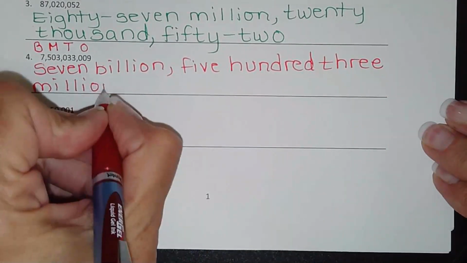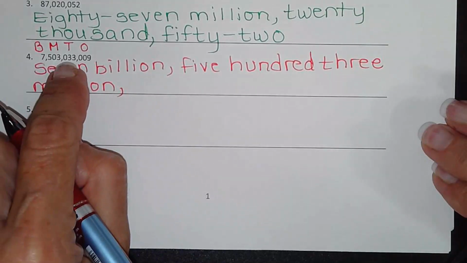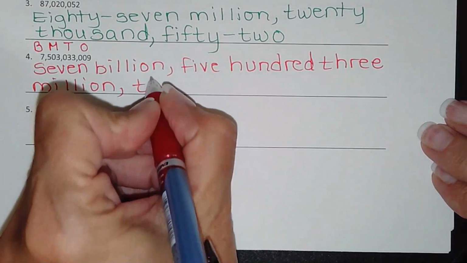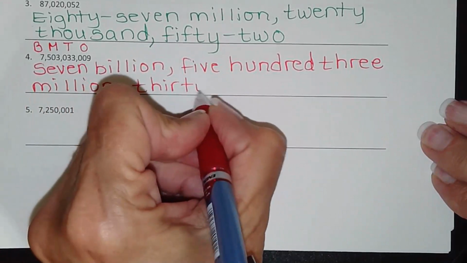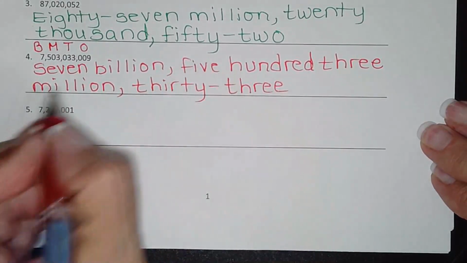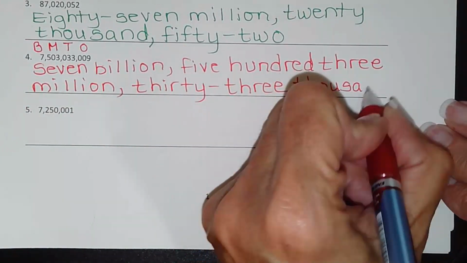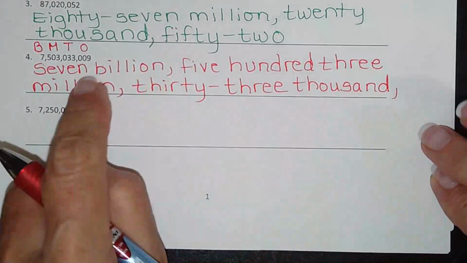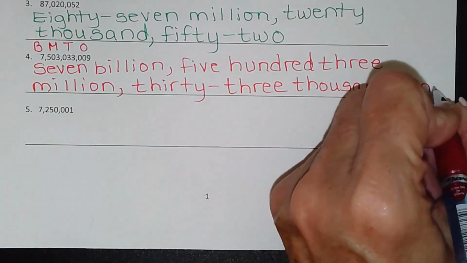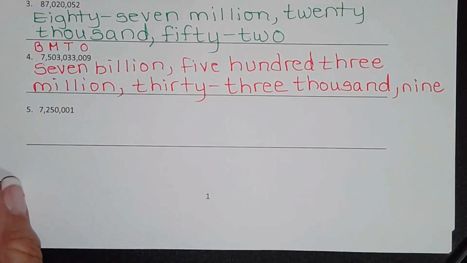Then 033 is read 33 with its place value 1,000. And 33 is between 21 and 99, so it does get a hyphen. And then another comma. Last but not least, 9. And we never put anything after the ones place. We just write the number that's in the last 3 place values.